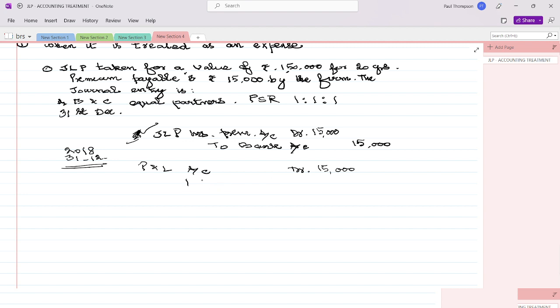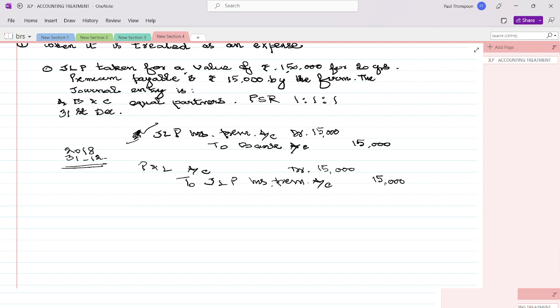So to JLP insurance premium account. It's very simple. Listen very carefully so that you are able to apply it in your sum. Insurance premium account 15,000. Clear? So now what happened?